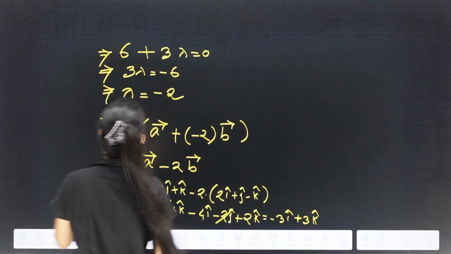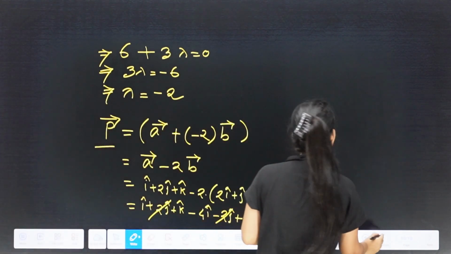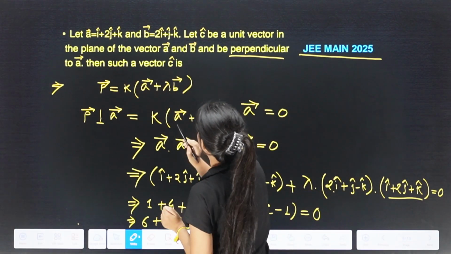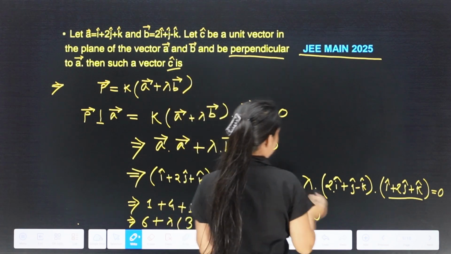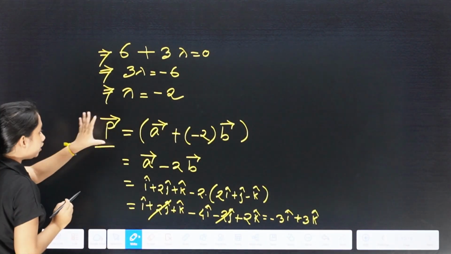So we have found the vector p, but what are we asked to find? We are asked to find the unit vector, that is c cap. So we will find the unit vector of p.